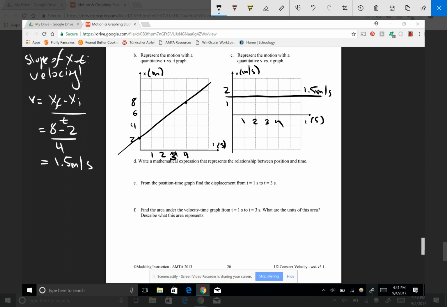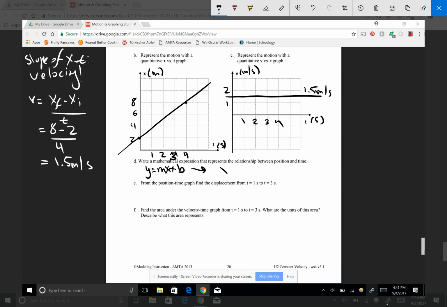Now we're going to write a mathematical expression that represents the relationship between position and time. So looking at this graph again, we want to find our equation for that line. So we're going to use our y equals mx plus b form because it's a linear line. However, we are going to use our real variables instead of these generic ones.